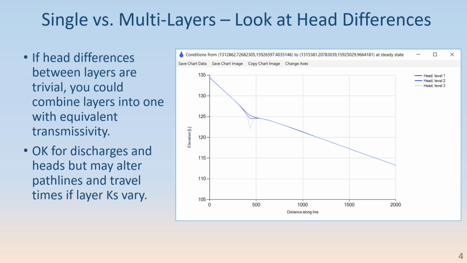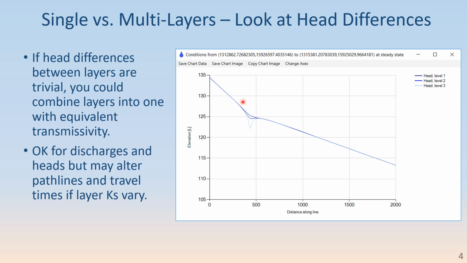This is analysis in hindsight, but let's take a model here that has 3 layers, and we've got a plot of heads along a line, something we generated using the analysis menu. We've got a pumping well in level 3 and a little bit of drawdown up in level 2 and a little bit in level 1, but the head differences are kind of trivial outside of, say, a 200 meter or 200 foot radius of the well, I don't know what the units are in this model.